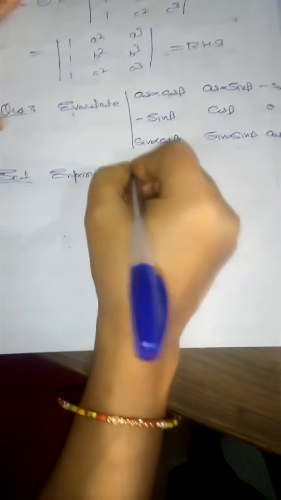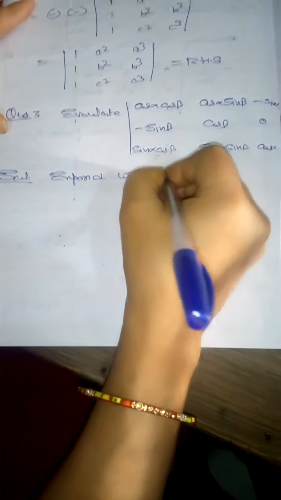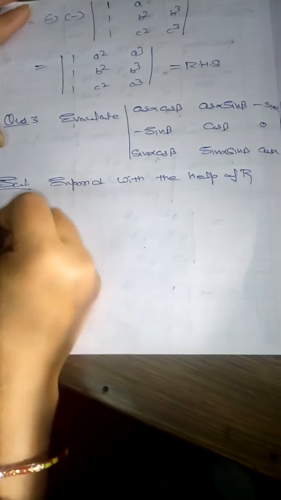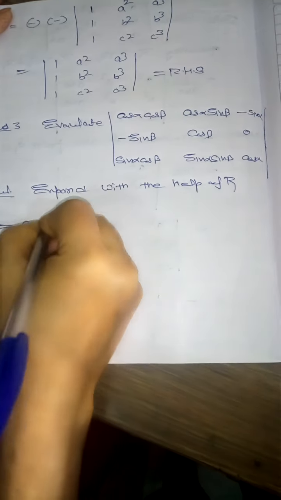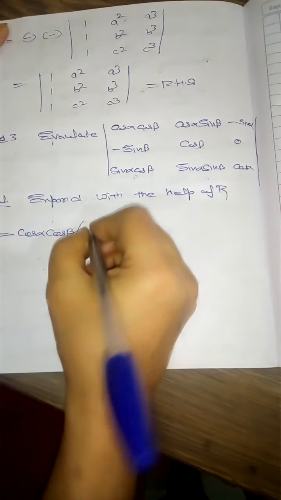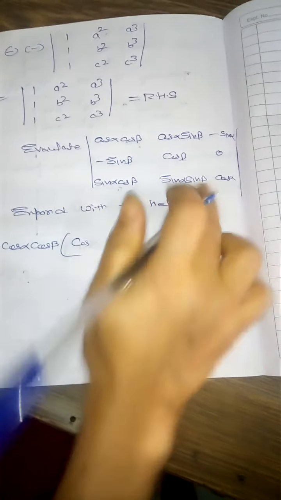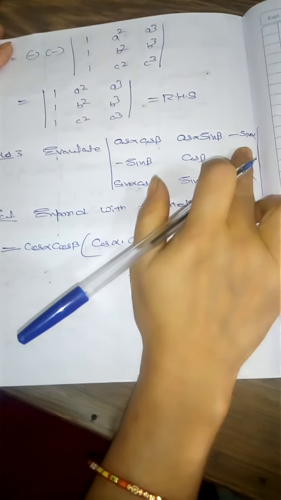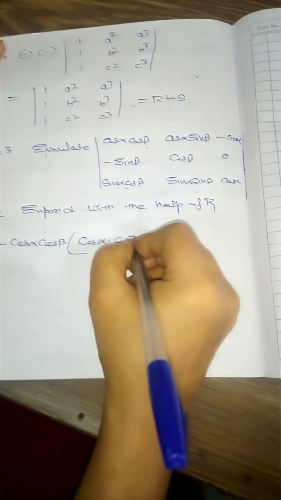Expand with the help of R1. I am expanding this determinant with R1. In R1, what is the first element? That is cos alpha into cos beta. Leave this row and this column. What is coming here? Cos alpha multiplying cos alpha cos beta, and after multiplying this one it is coming 0.